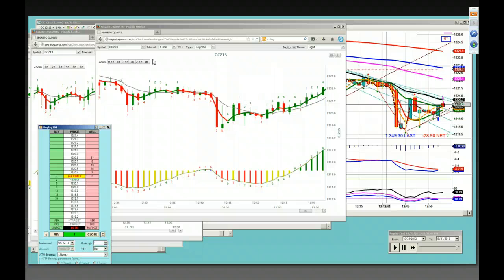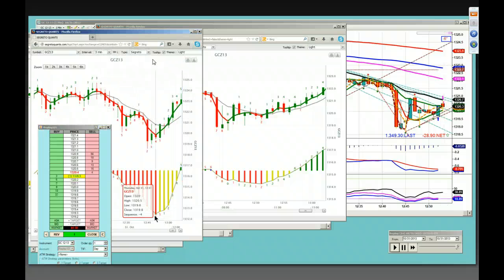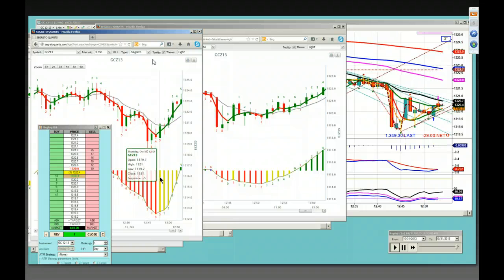Now, if I bring up my 3-minute Segredo, notice that we had Christmas already at 1248, right? We had a last number 4, and now we're starting to change at 1254. The yellow's coming in. Notice that we may not have a green on green number on the 3-minute chart. You don't always necessarily need that. You've already got it on the 1-minute chart.